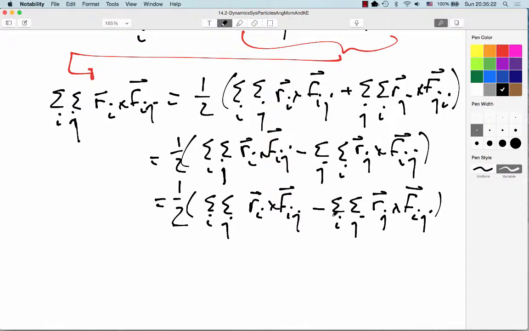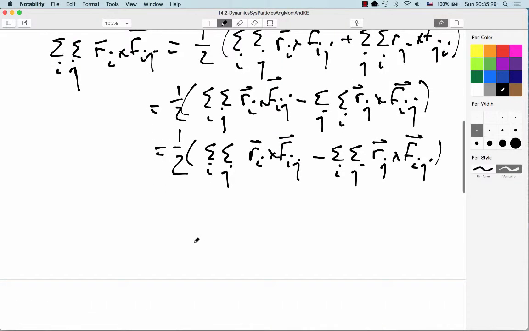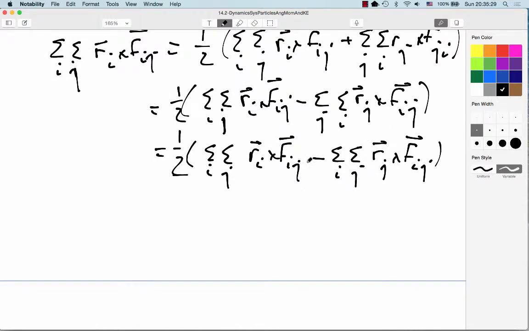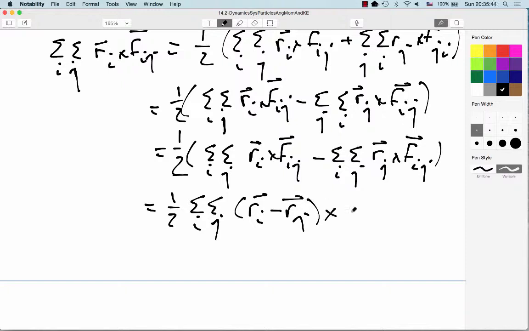Alrighty then. Now what we can do is pull out the cross F_ij part through the subtraction. That gives me one half sum i, sum j of r_i minus r_j crossed into F_ij.